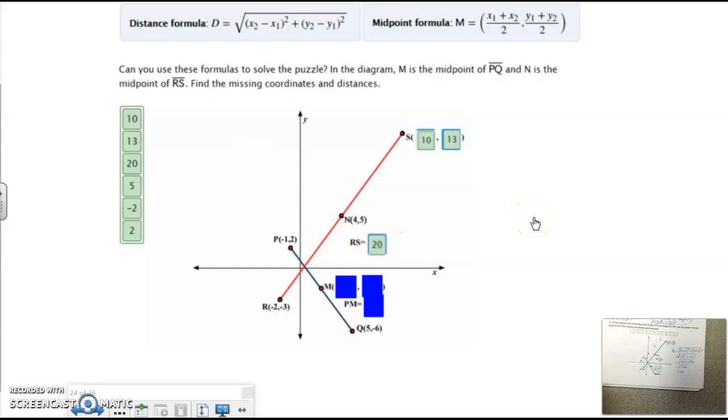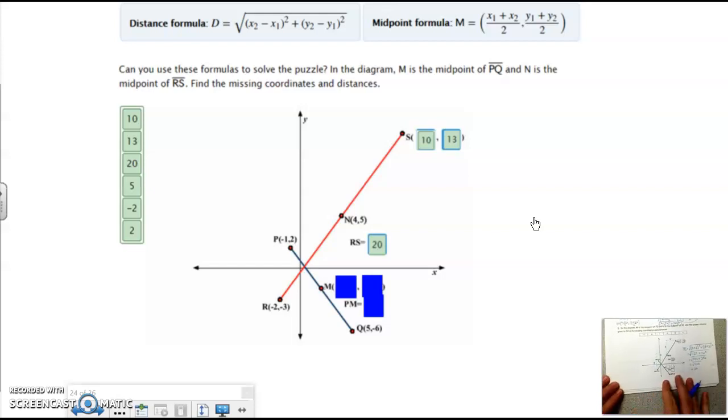Okay, and then we are going to find the midpoint of PQ, and then we want to find the distance from P to M. So to find the midpoint of PQ, I'm just going to use my midpoint formula.